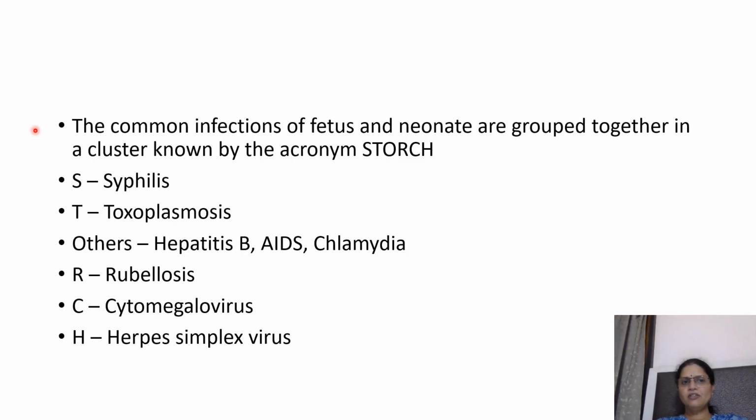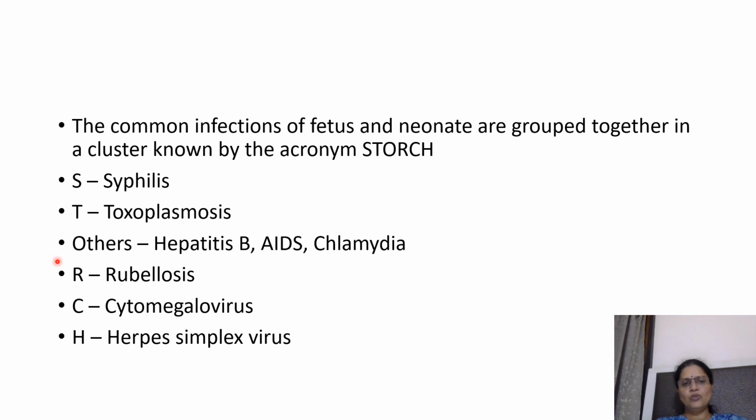So the infections that usually happen in the fetus can be grouped in a cluster by the name STORCH. What is STORCH? S stands for syphilis, which is caused by Treponema pallidum. Next is T, which stands for toxoplasmosis infection caused by Toxoplasma gondii.